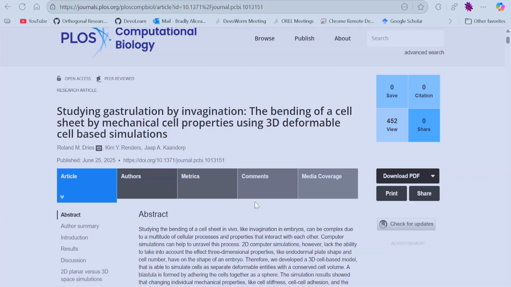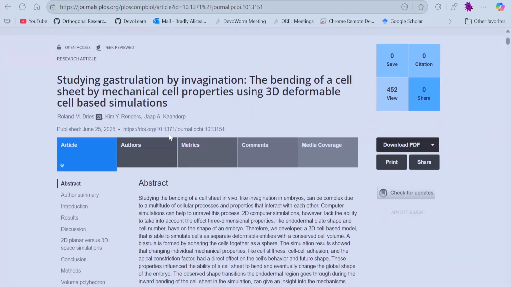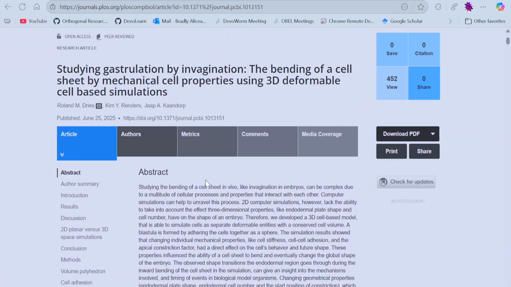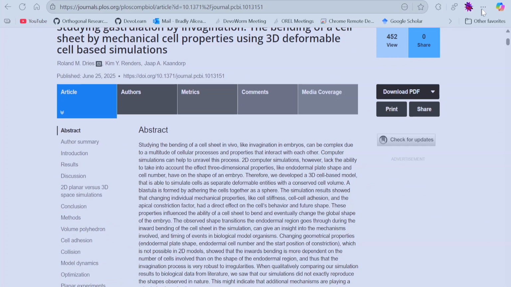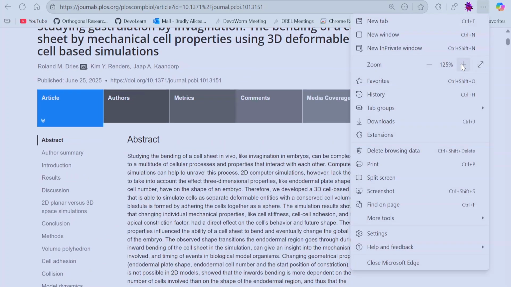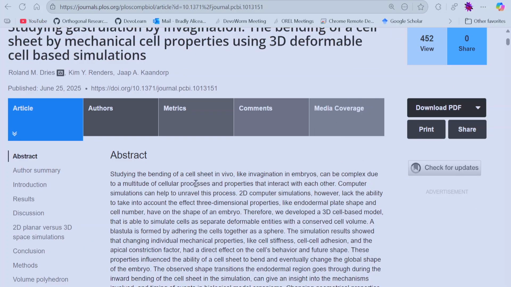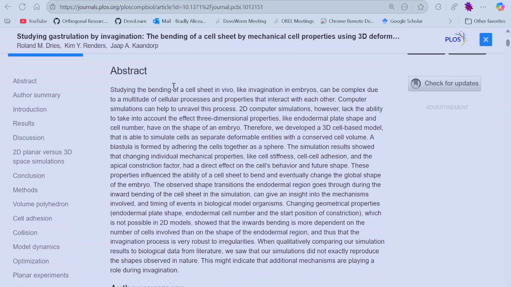So this is studying gastrulation by invagination, the bending of a cell sheet by mechanical cell properties using 3D deformable cell-based simulations. So they're wanting to study the bending of a cell sheet in vivo, so with in vivo imaging.